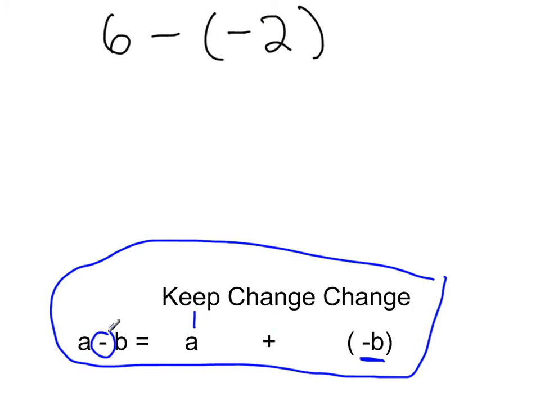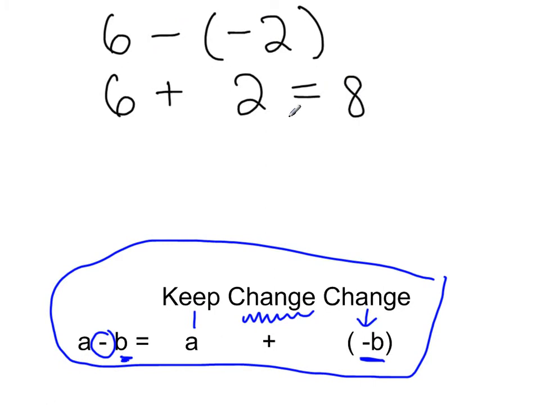Instead of subtraction, you change to addition. And whatever you had originally, you change it to the opposite, and that's what you're adding. So that's what we can do here. Instead of 6 minus negative 2, we can do 6, keep it, change to addition, and the opposite of negative 2 is positive 2. And 6 plus 2 is 8.